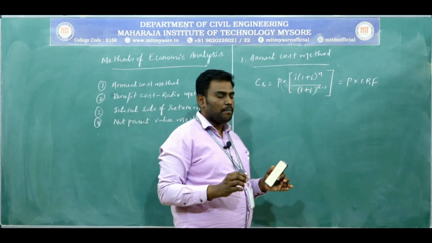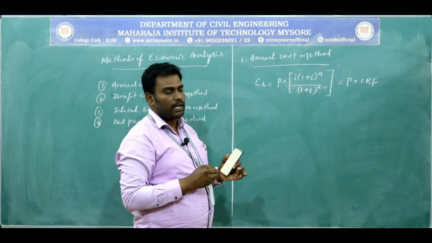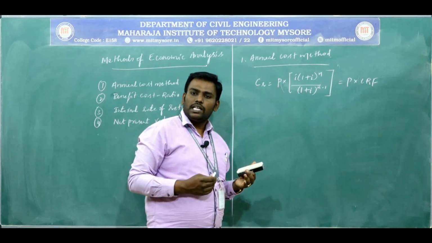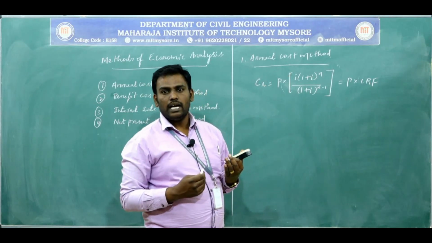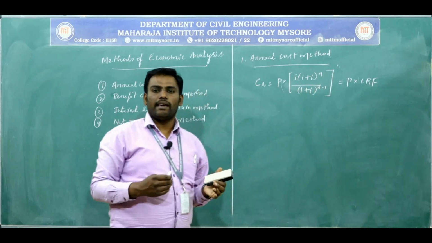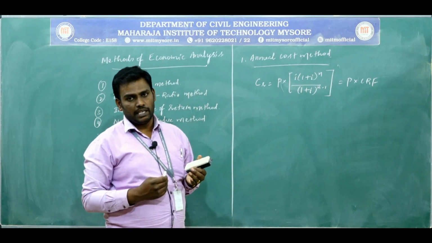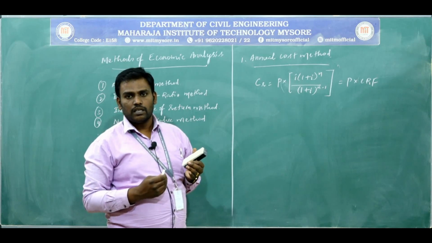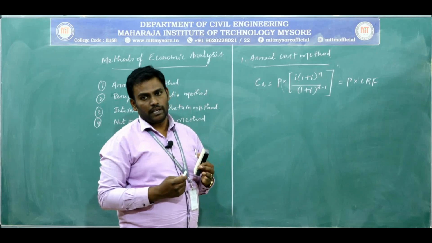It's very simple. Here CR is the annual cost of improvement, P is the initial cost of improvement, I is the rate of interest, and N is the estimated life in years. This is regarding the annual cost method.